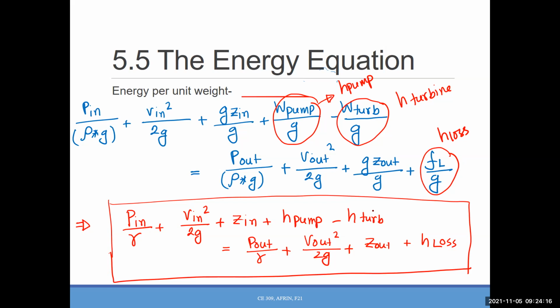How do you get electricity? What is the method? That means the water is providing energy to the turbine, right? And then the turbine converts that energy into electricity. So that simply means the turbine is taking energy from the system.